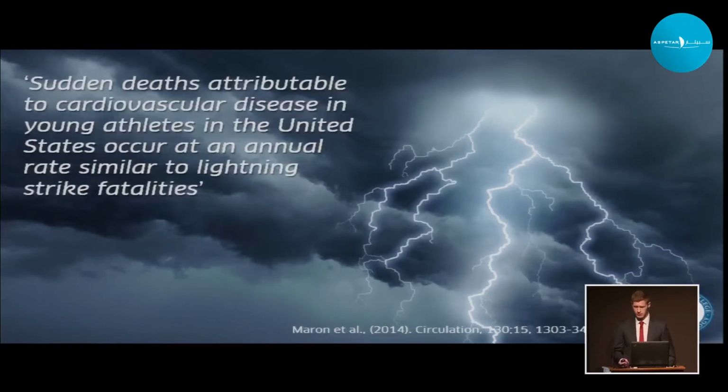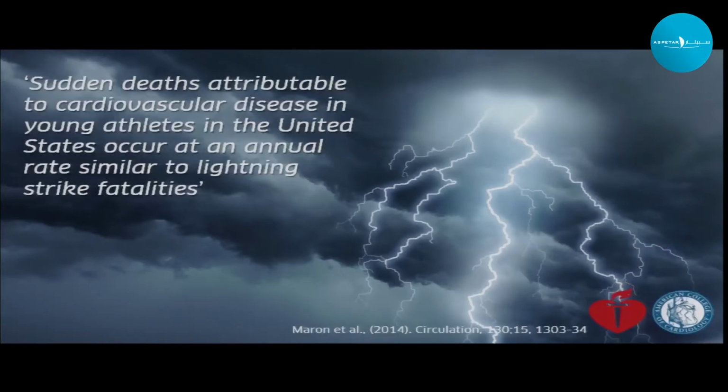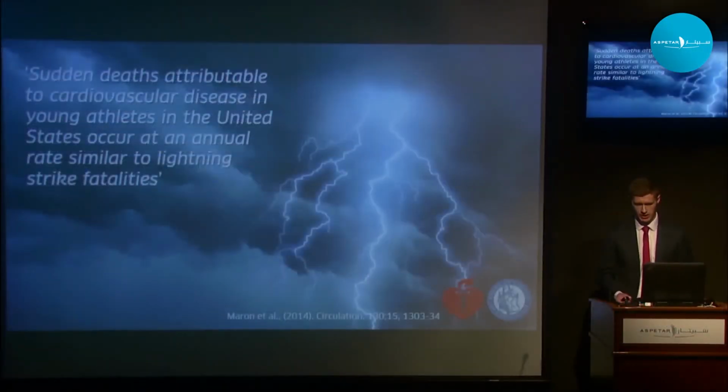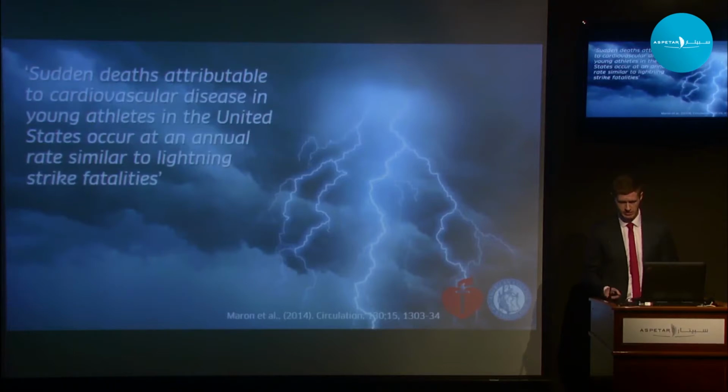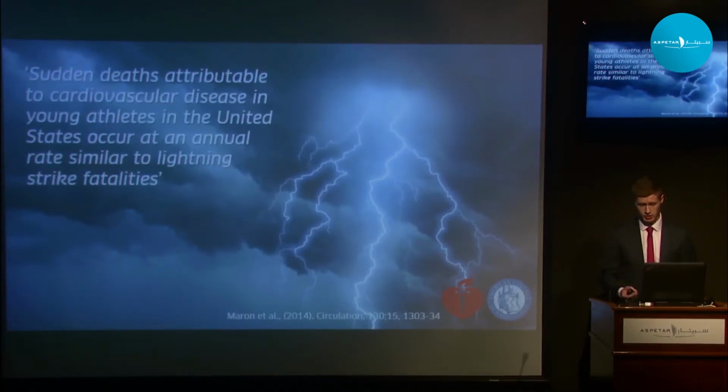When considering the risk of sudden cardiac death in young athletes, as per a joint position statement from the American Heart Association and American College of Cardiology, it was written the following: sudden deaths attributable to cardiovascular disease in young athletes in the United States occur at an annual rate similar to lightning strike fatalities. So I'm going to take a step back and appraise this statement a little bit, similarly inspired by Dr. John Dresner.